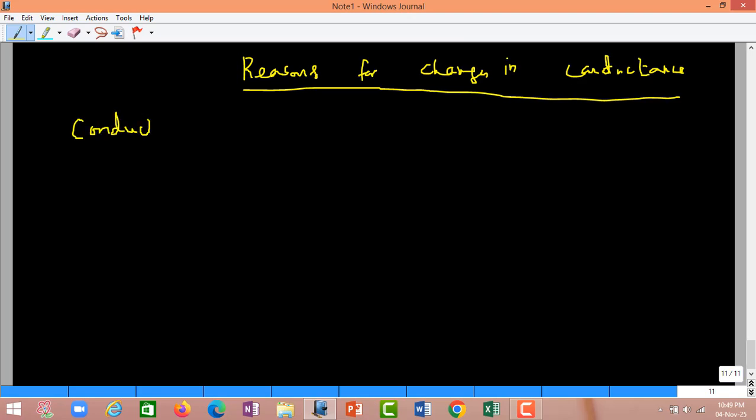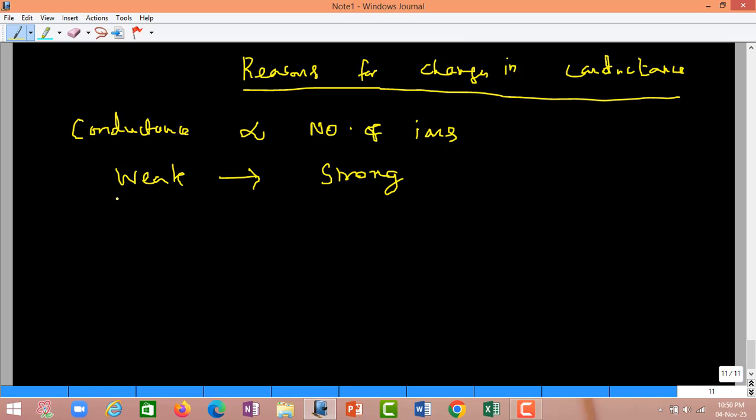Conductance is directly proportional to number of ions. When number of ions increases, conductance increases. When a weak electrolyte is converted to strong electrolyte, partial dissociation becomes complete dissociation.